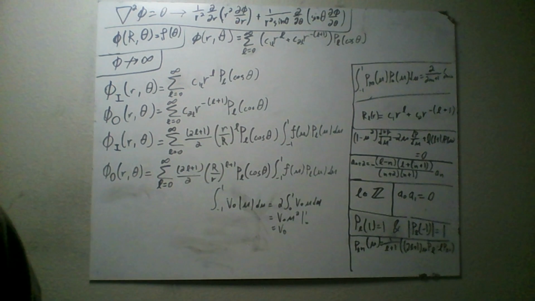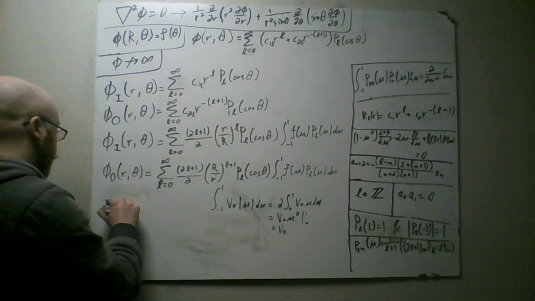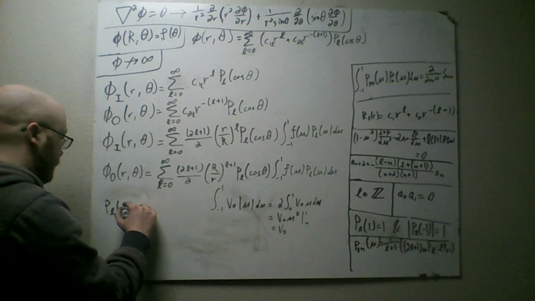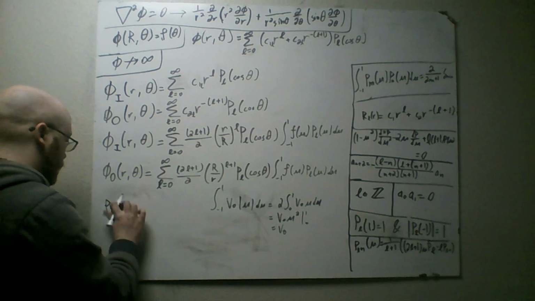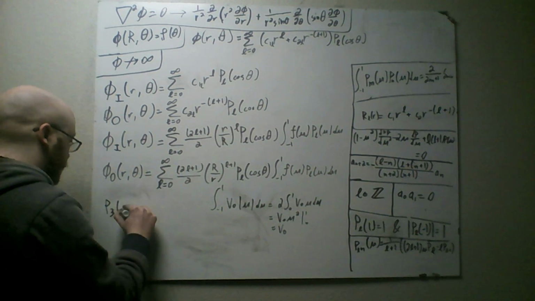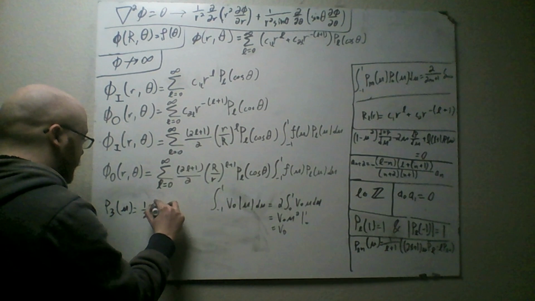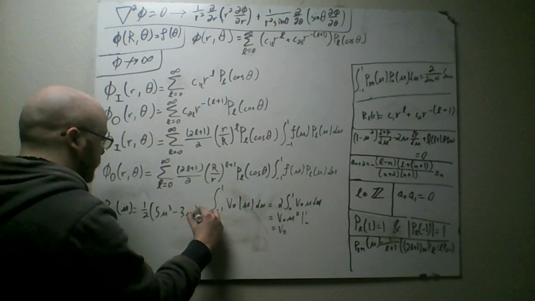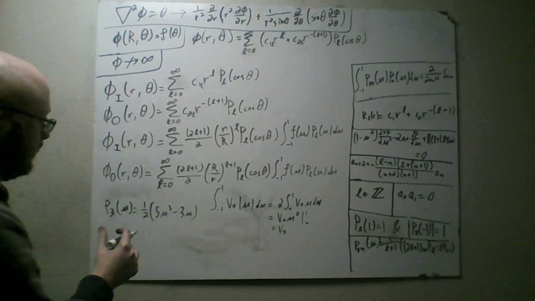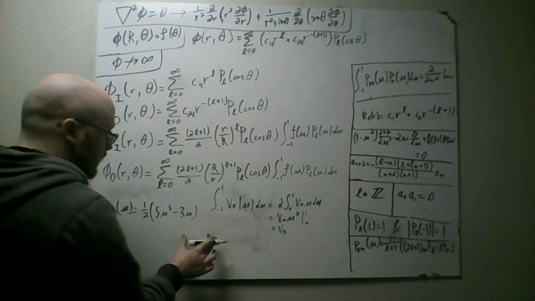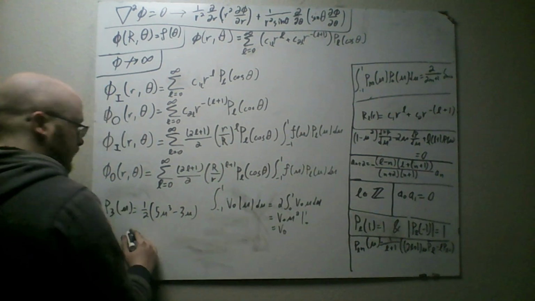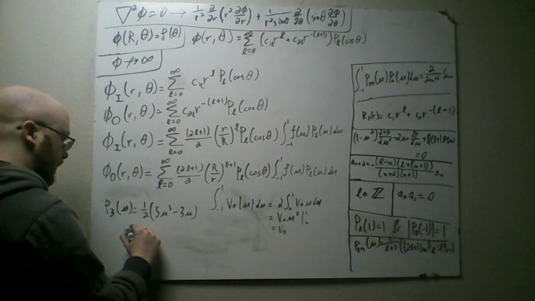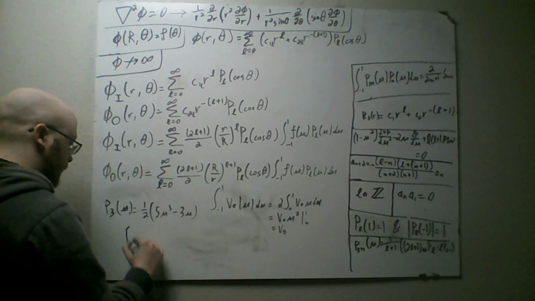Yeah, so the L equals 3 polynomial, P_3 of mu, is equal to 1/2 times (5 mu cubed minus 3 mu), right? So now we plug that into here, and we end up with the integral from negative 1 to 1.